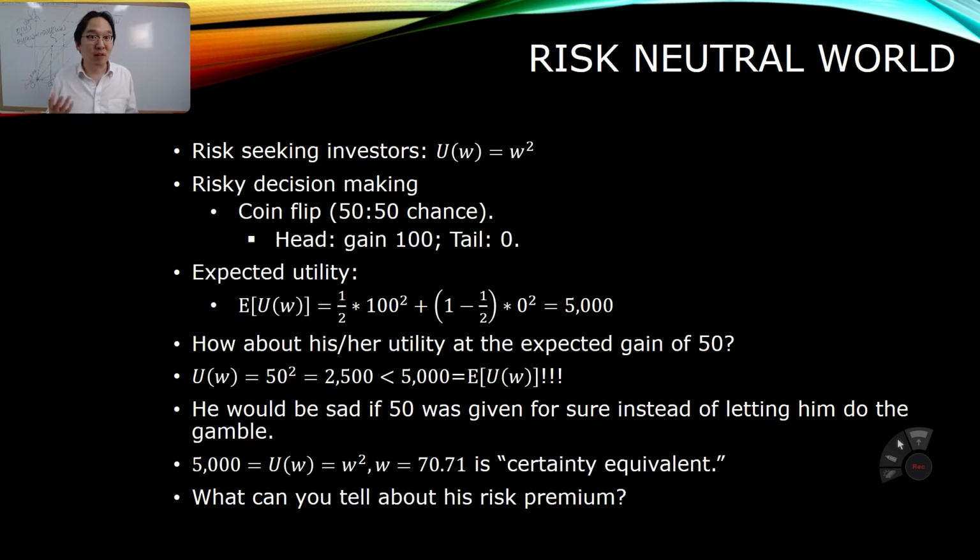That's what's happening right now. I hate something for sure. I want something more risk-taking. Natural-born gamblers, right? And he would be sad if 50 was given for sure instead of letting him do the gamble. And then, you do the math, and the certainty equivalent is way bigger than his expected wealth. What can you tell about his risk premium? It's going to be a negative number.